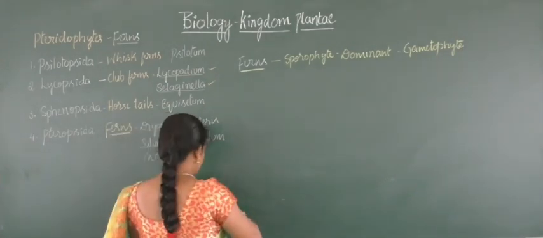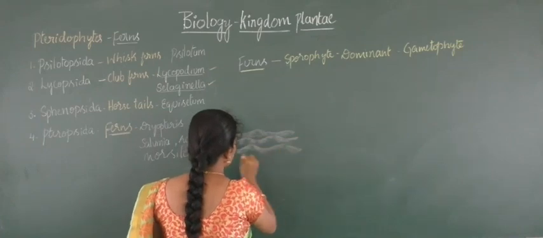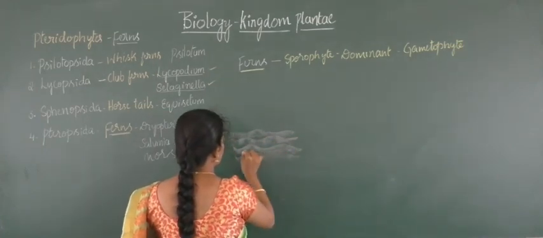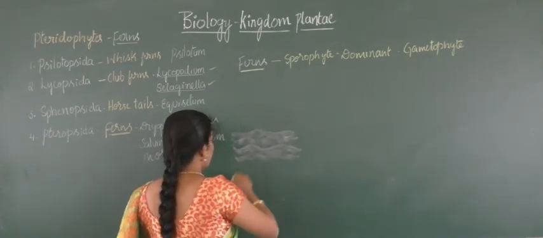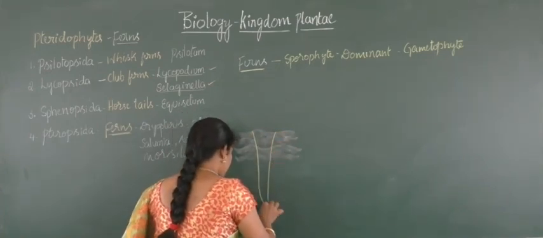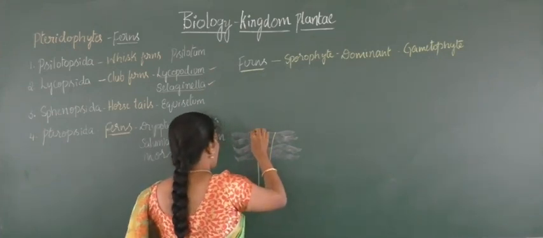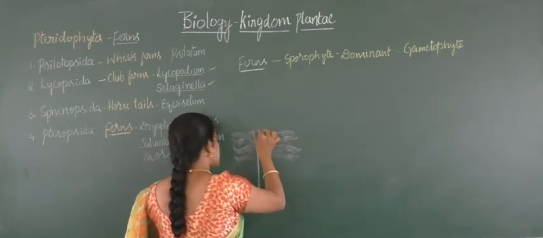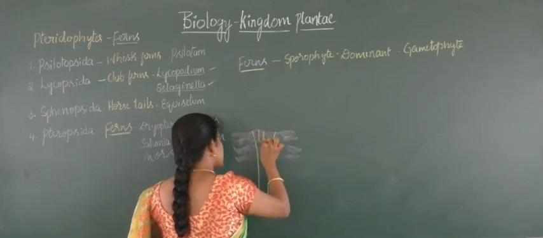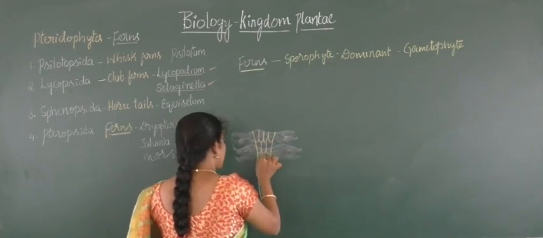See, if you consider this as the soil surface, and you are going to find the underground stem. This is an underground stem, and on the upper surface of the underground stem, scaly structures will be there, and these scaly structures are called ramenta.